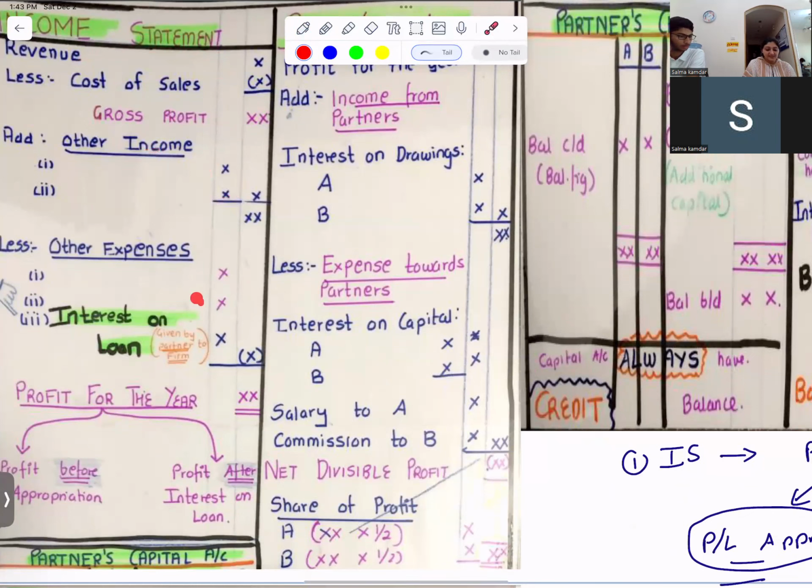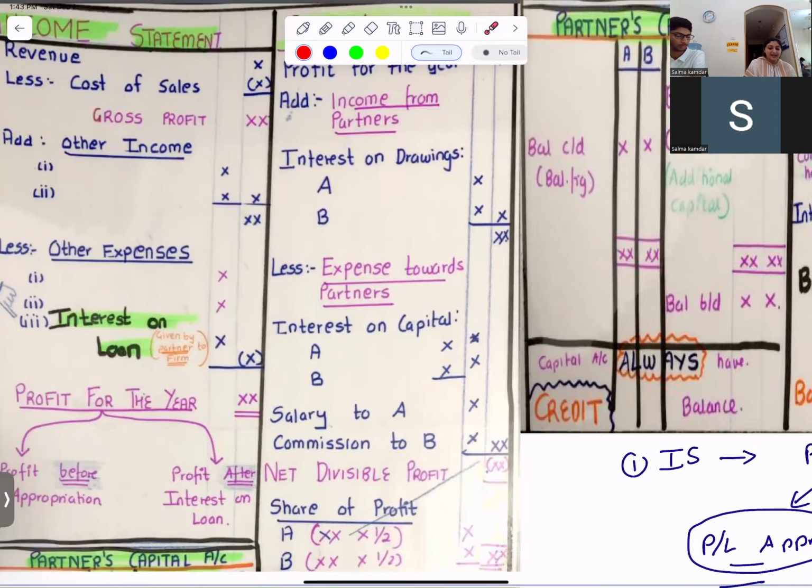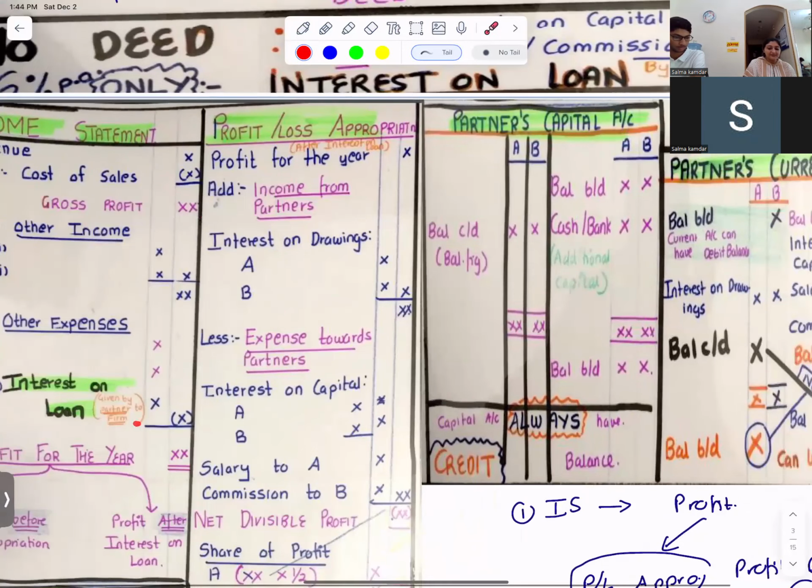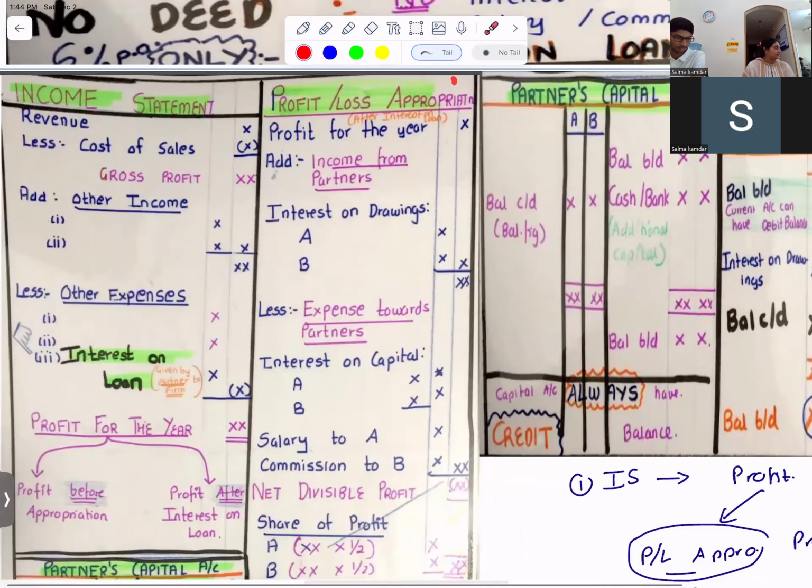In these other expenses, there is one thing which happens between the partner and the firm but comes in the income statement. Everything else that happens between the partner and the firm, that means interest on drawings, interest on capital, salary to partner, commission to partner, usually goes in the appropriation account and capital account.